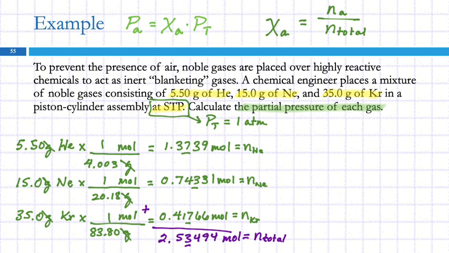Okay, so now we can calculate mole fractions. So the mole fraction of helium is the number of moles of helium divided by the total number of moles. The unit mole cancels out.